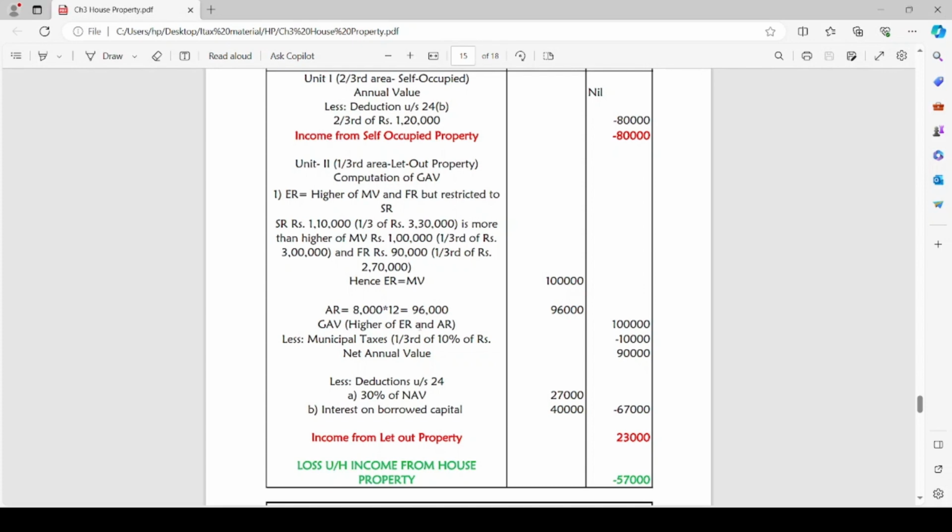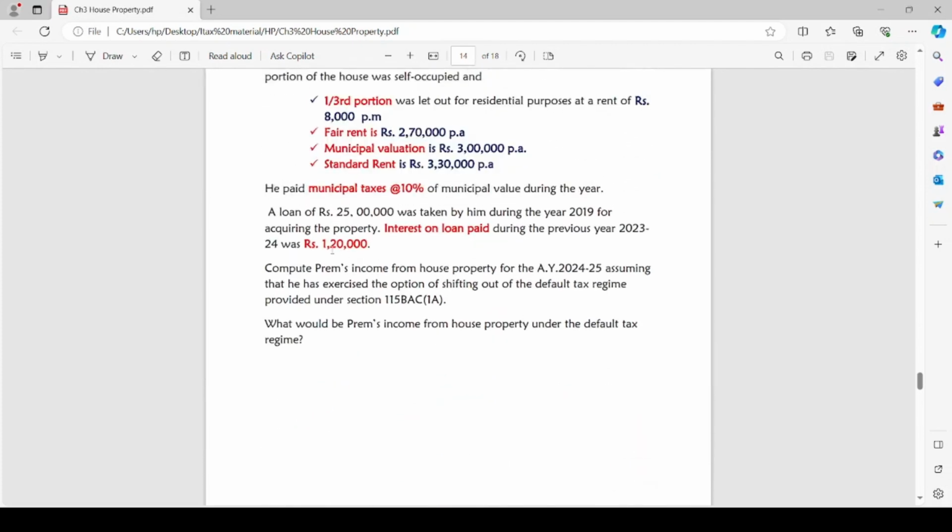Out of this, we are providing for deductions under section 24. The standard deduction at the rate of 30% of NAV, that is, out of 90,000, 30% is rupees 27,000. So our standard deduction under section 24A will be 27,000, and interest on borrowed capital can be claimed up to only 1/3 portion. The total interest on borrowed capital is rupees 1,20,000.